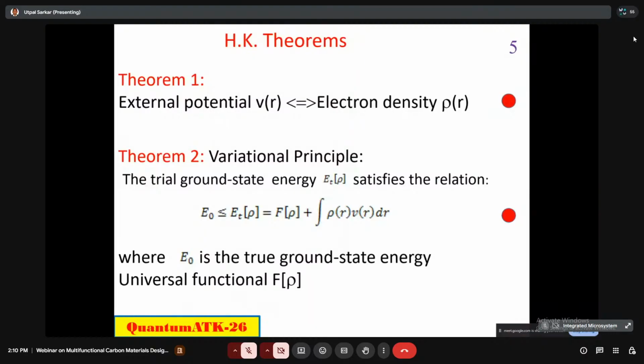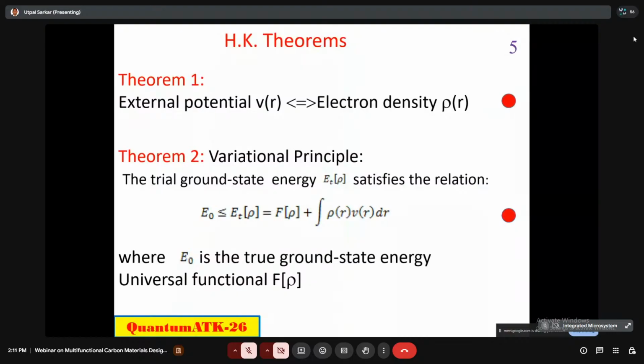It is the second theorem, that is the variational principle, that tells you how to calculate the true ground state electron density or the energy. So the trial ground state energy, suppose it is E_T, satisfies the relation E0, where E0 is the ground state energy, is less than or equal to E_T.